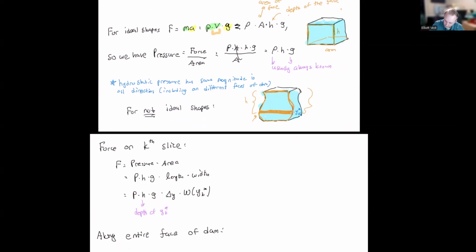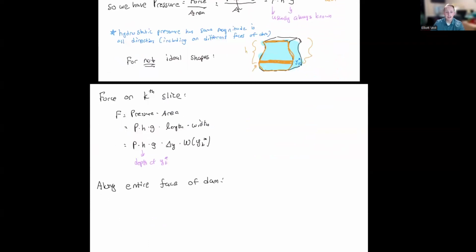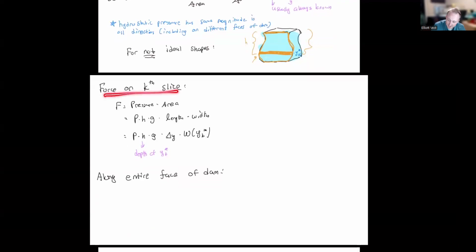So combining that all together, if this is along a kth slice, adding all those kth slices together throughout the entire interval of the dam gives us that force is equal to the integral from the bottom of the dam to the top of the dam of your density of the water, or the liquid we're looking at, times gravity times some width function times some depth function dy.